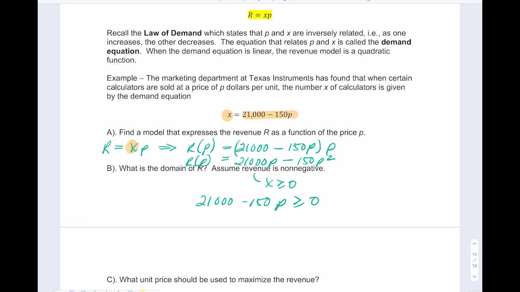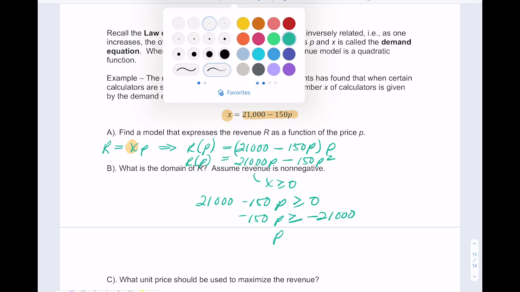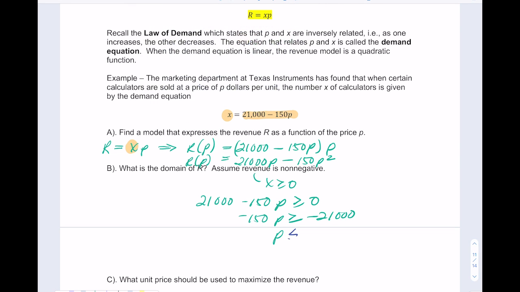So you can sell 0 units, but what's the maximum number of units at that price? If I solve for P, I would subtract 21,000, divide by negative 150, and remember, you're dividing both sides by a negative, so the sign will switch around. Be very careful with that.